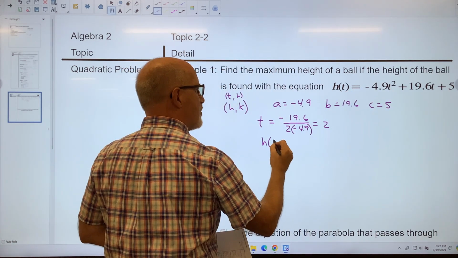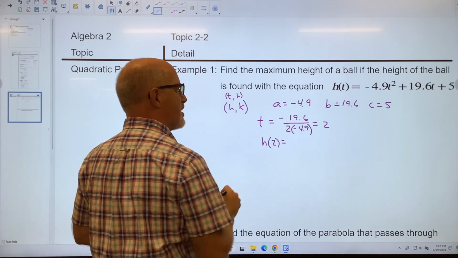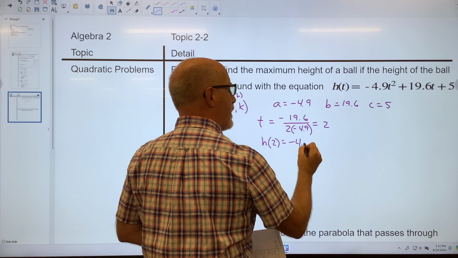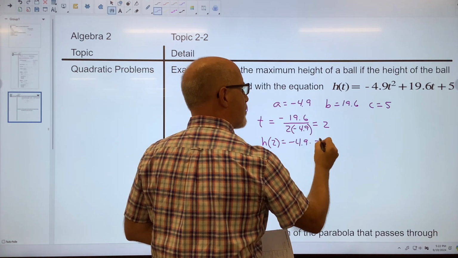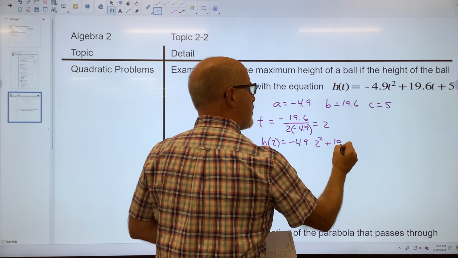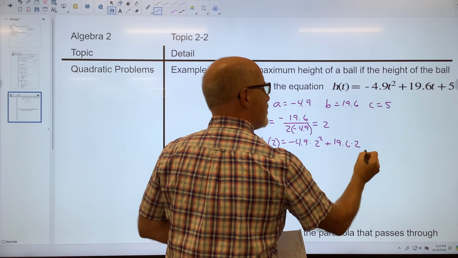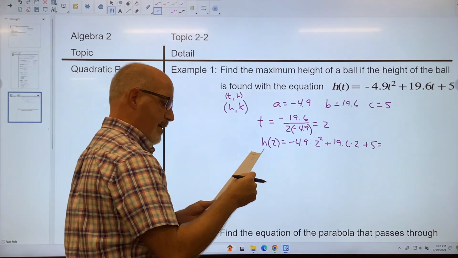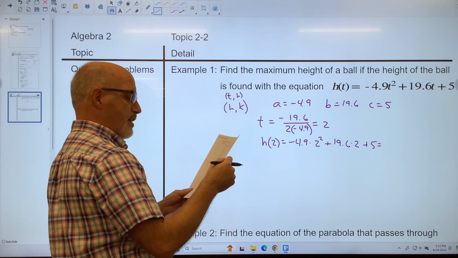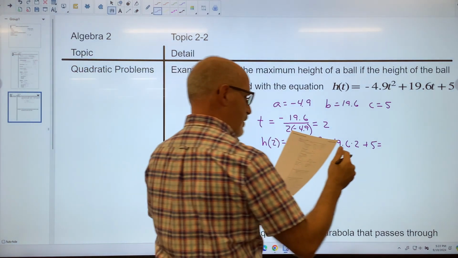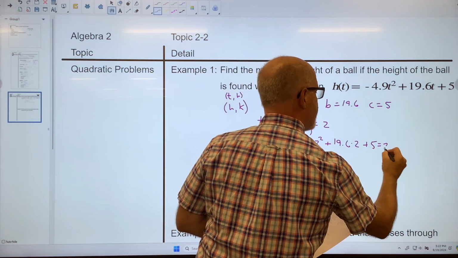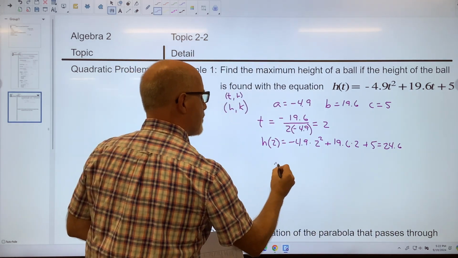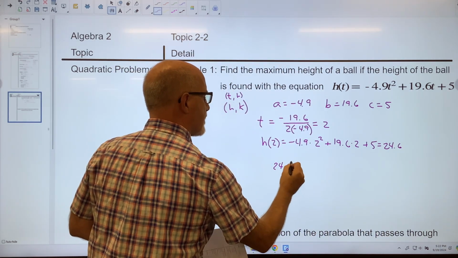So h of 2, by putting it into this function, I go negative 4.9 times 2 squared plus 19.6 times 2 plus 5. And I get that y value, or in this case, h value, the height, to be 24.6. So the maximum height of the ball is 24.6.